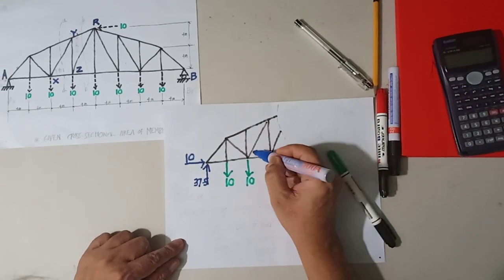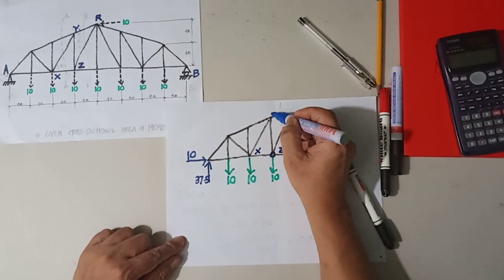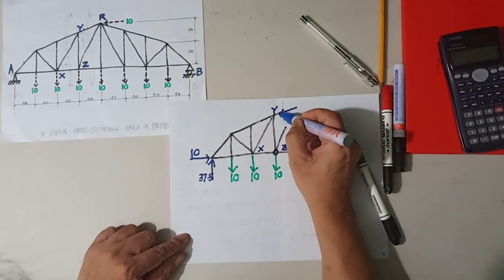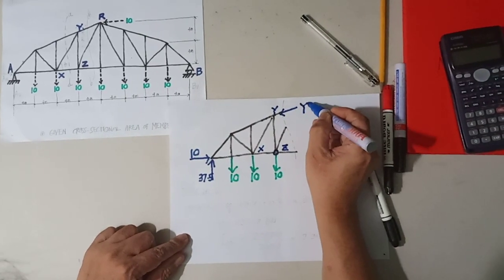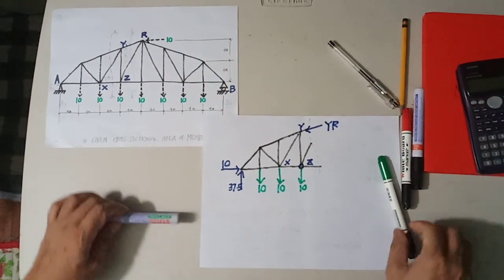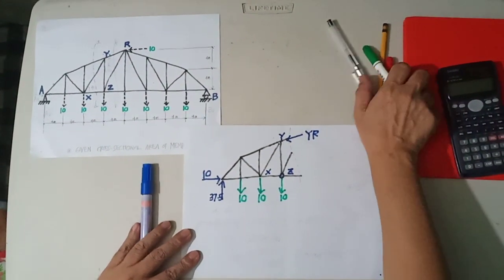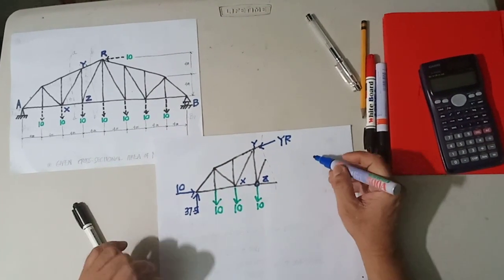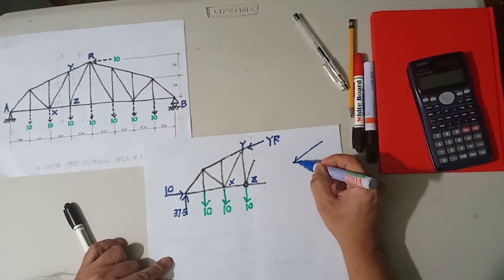This is your point Z, this is our X, this is our Y, and this is supposed to be your member YR. This is your member YR, which is this member. Now, this member YR is actually this one. It is this force, member YR.